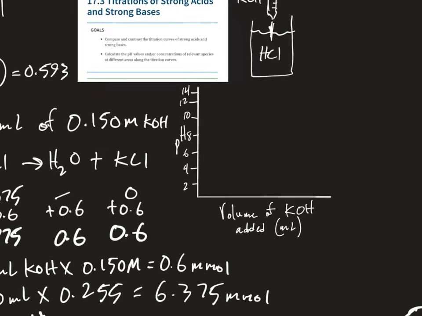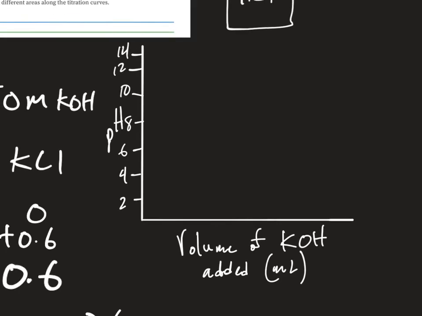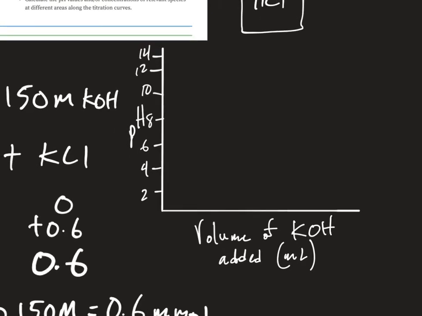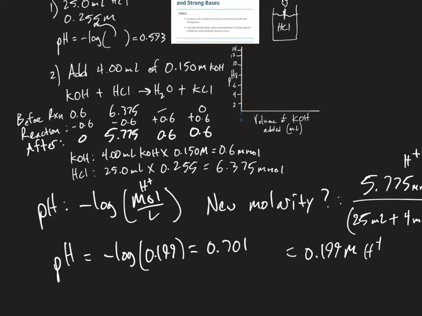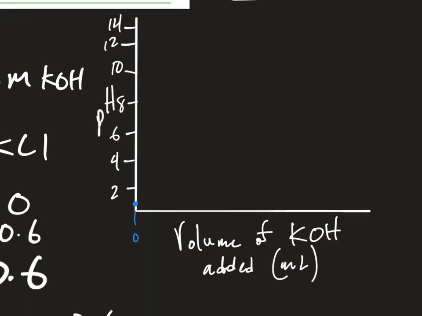So we have 2 points on our graph here. Let's use blue, zoom in. Before any KOH was added, so 0, 0, we were way down here, like 0.56, a little less than 1. Now that we added a little bit of KOH, we are up to 0.7, so not much.